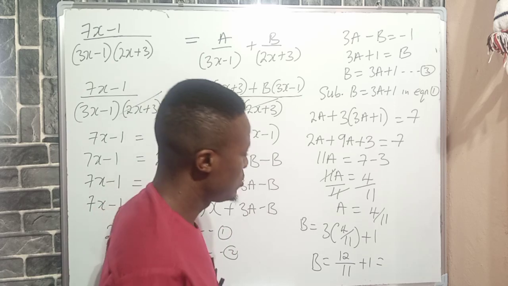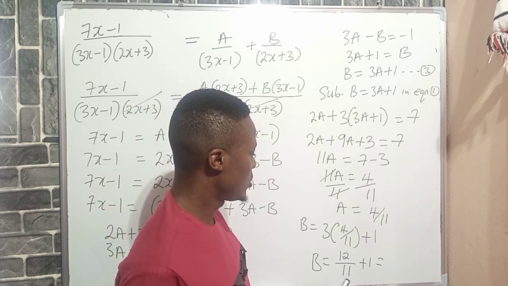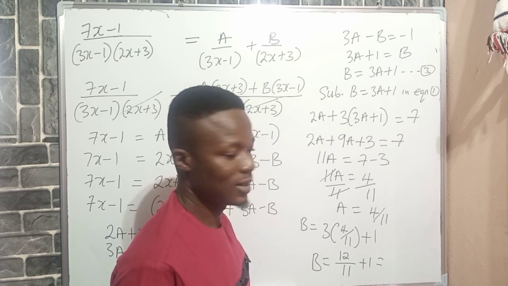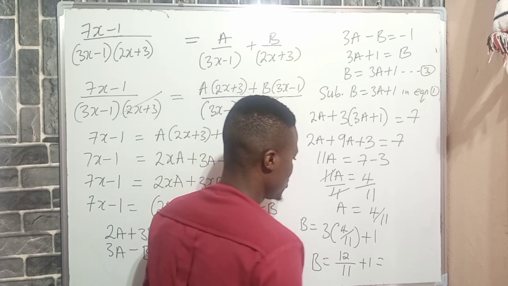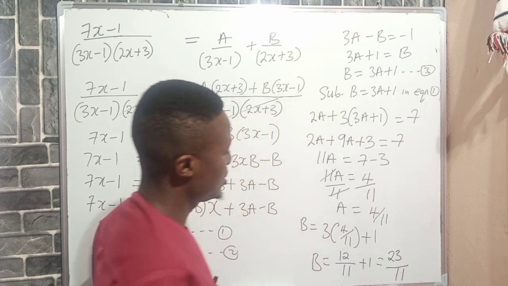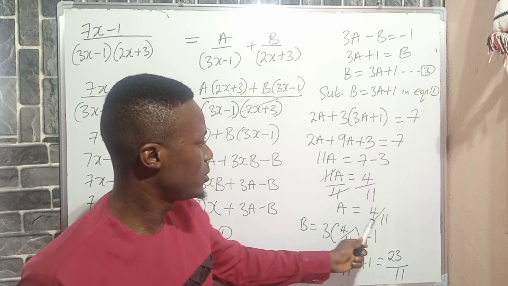The fastest way to do this, when you're adding one whole number to a fraction, just say 1 times 11 is 11, then 11 plus 12 is 23, all over 11. So our B is 23 over 11 and our A is 4 over 11.